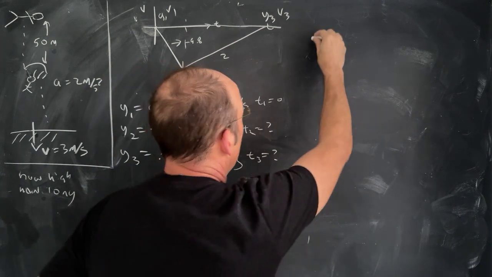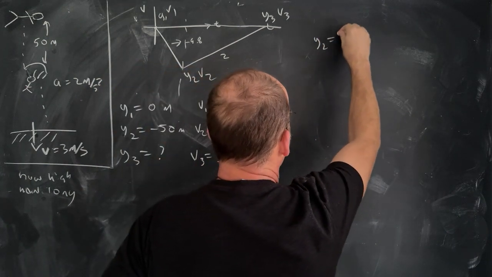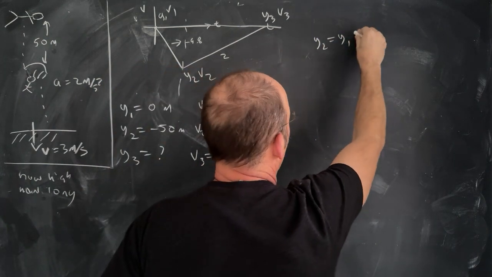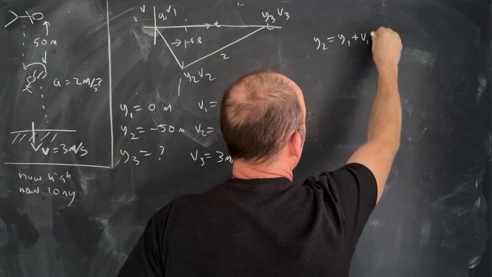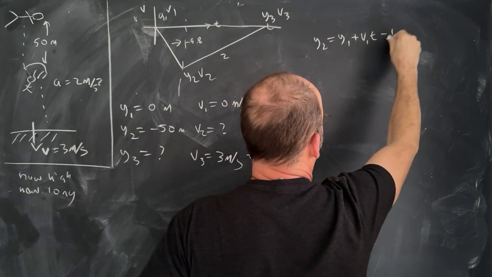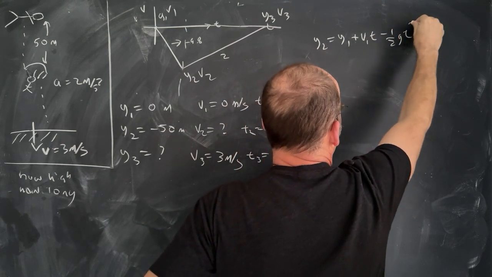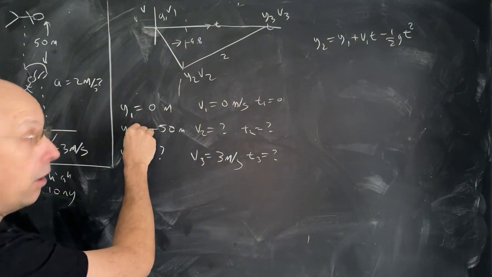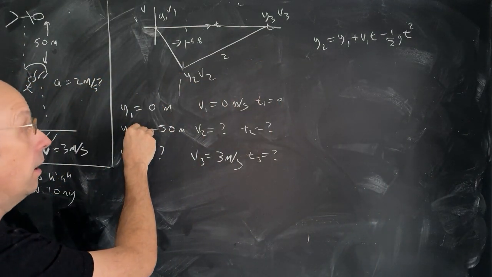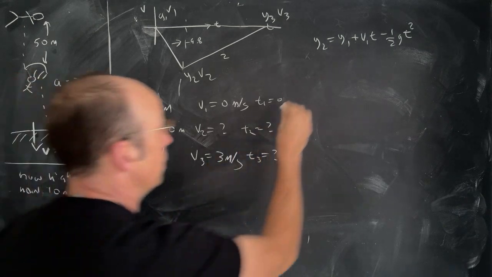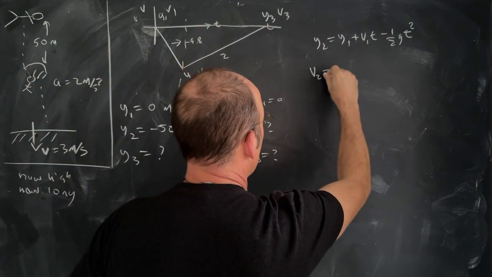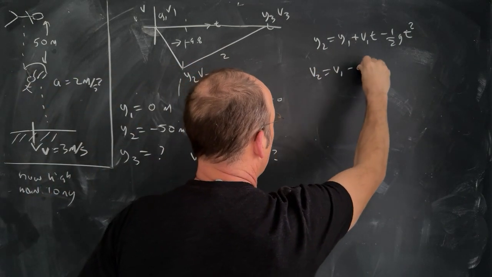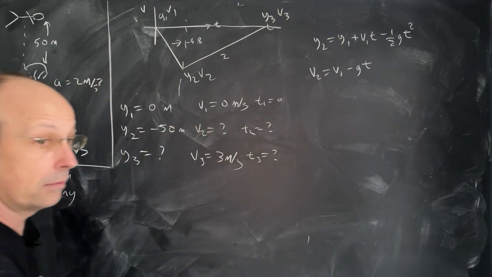So y2 is y1 plus v1 t minus 1/2 g t squared. And that's going to be the time it takes to go from here to there, which I don't know. I can also write the final velocity. v2 is v1 minus gt.